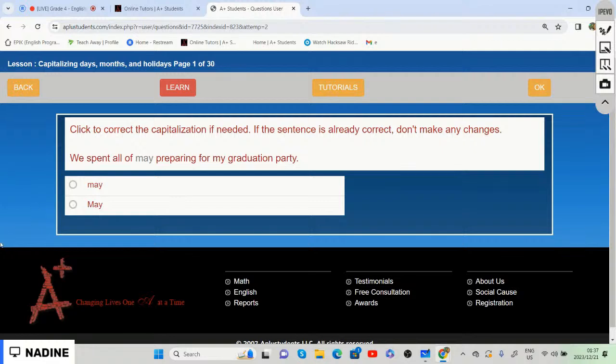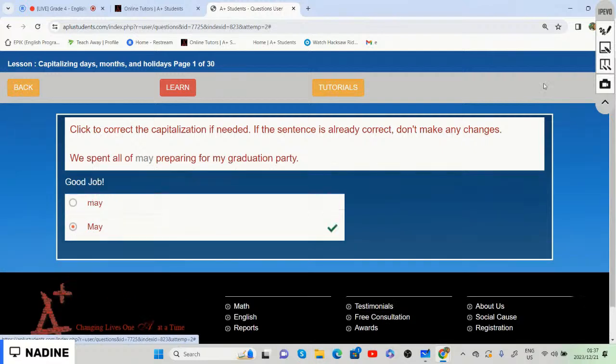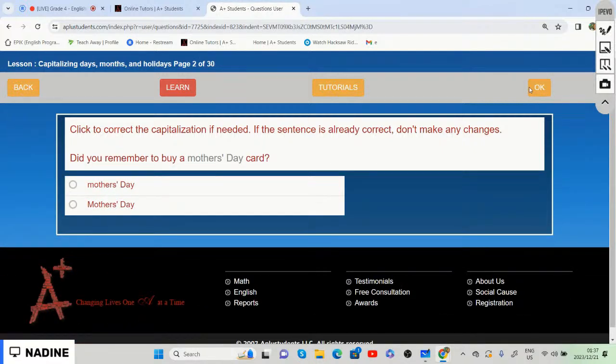If we choose the correct one, we can choose the second option, which is capitalize May. So well done, May is correct. Did you remember to buy a Mother's Day card?